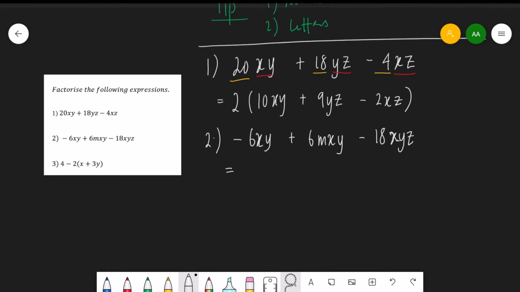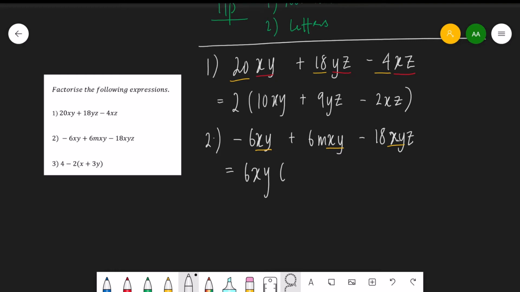Looking at the numbers, I can clearly see that 6 is a common factor, so I've got 6 first. Let's look at the letters: xy, mxy, and xyz. It seems from my observation that xy is common. We have all the xy here, so I'm going to put xy as a common factor.